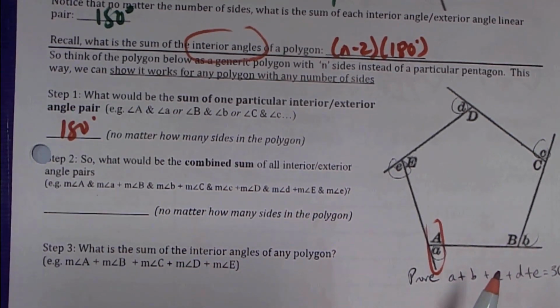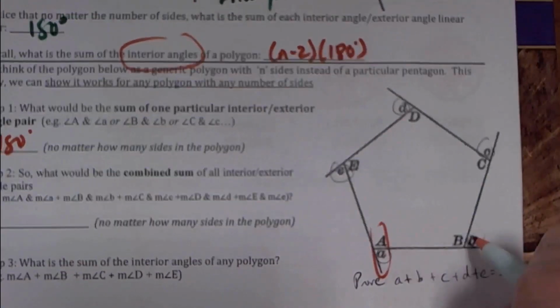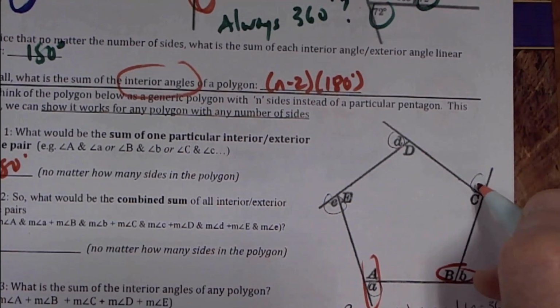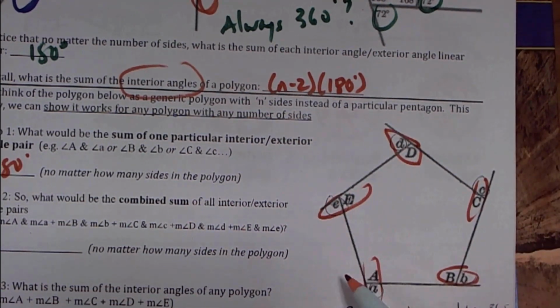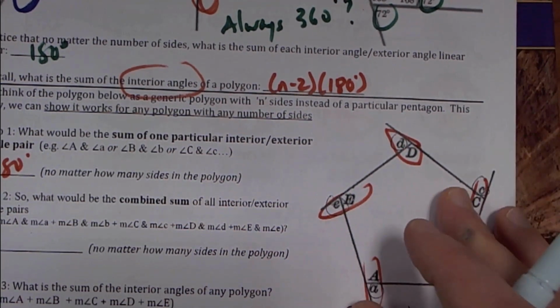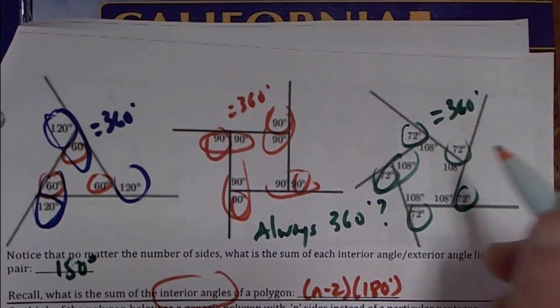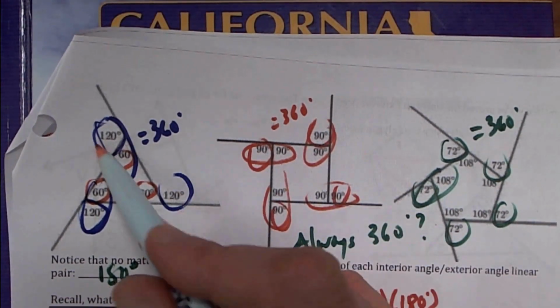So let's think about this. What would be the combined sum of all of these different pairs? So 180 here, 180 here, 180 here, 180 here, and 180 here. So how many 180s? In this case, it's 5, I guess, right? In this case, you have 4 180s. In this case, you have 3 180s.